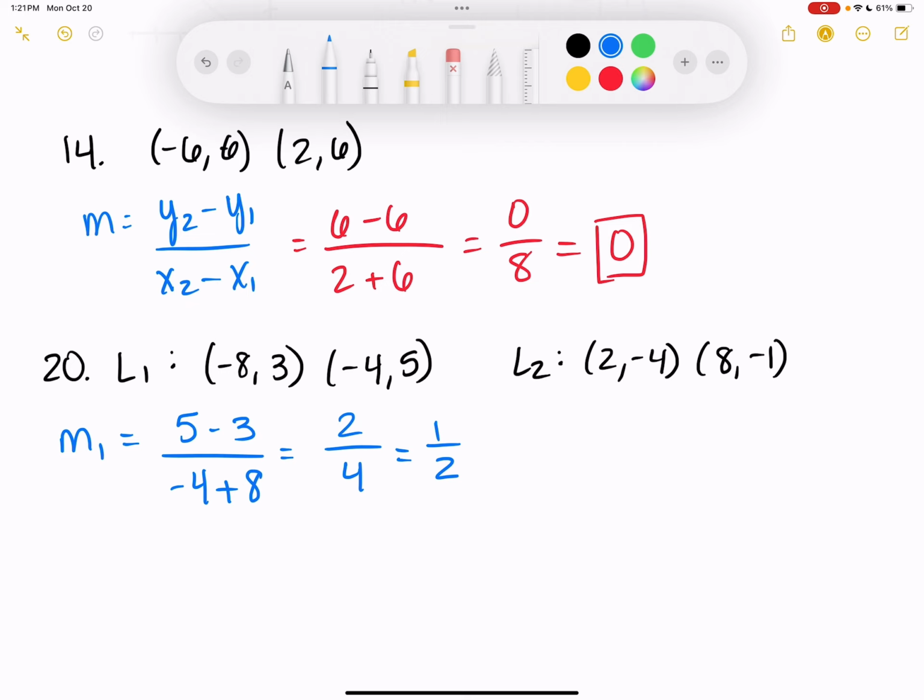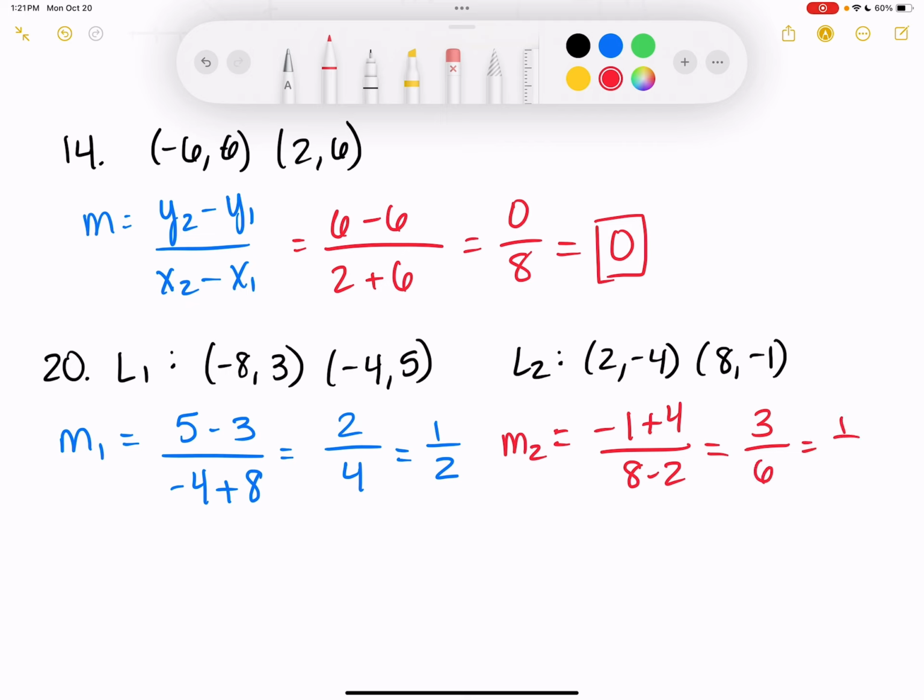My second one: negative 1 minus a negative 4, so that's negative 1 plus 4, over 8 minus 2. Negative 1 plus 4 is 3 over 8 minus 2, which is 6. 3 over 6 reduces to 1/2.